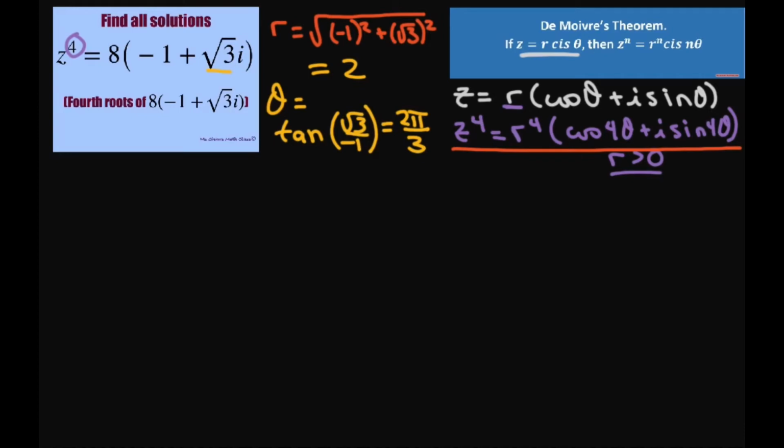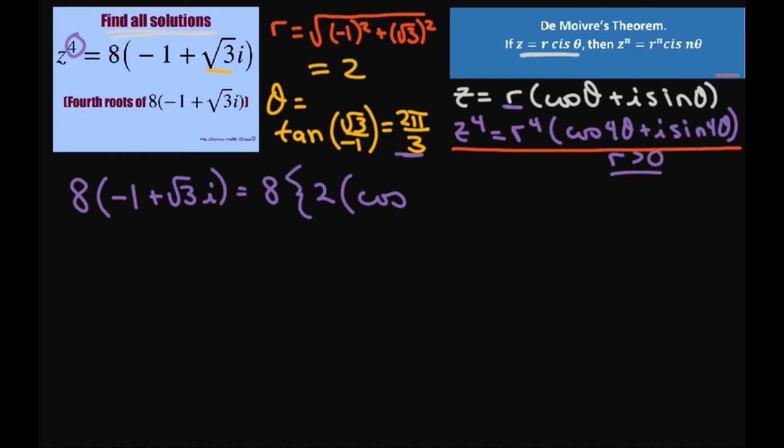Now that we have that, the problem says we have to find all solutions. So basically, let's look and see what we have. We're going to have 8 times (negative 1 plus square root of 3 i). This is going to equal 8 times our r, which is 2, times cosine.